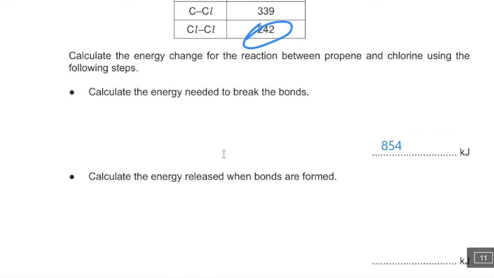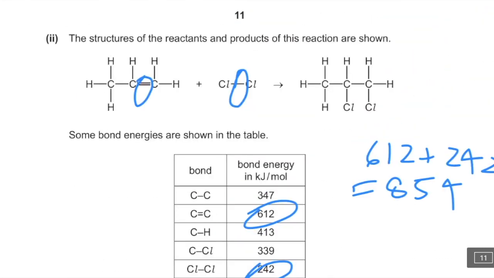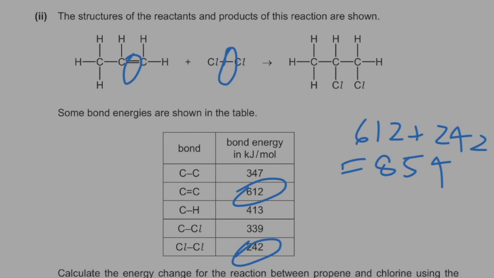Calculate the energy released when bonds are formed. So here you need to see which new bonds are formed. The new bonds formed over here are these two carbon and chlorine atom bonds, along with this third bond between carbon and carbon, because as you can see over here, both of these bonds were broken. The double bond was broken, and that resulted in no bond between these two carbon atoms.